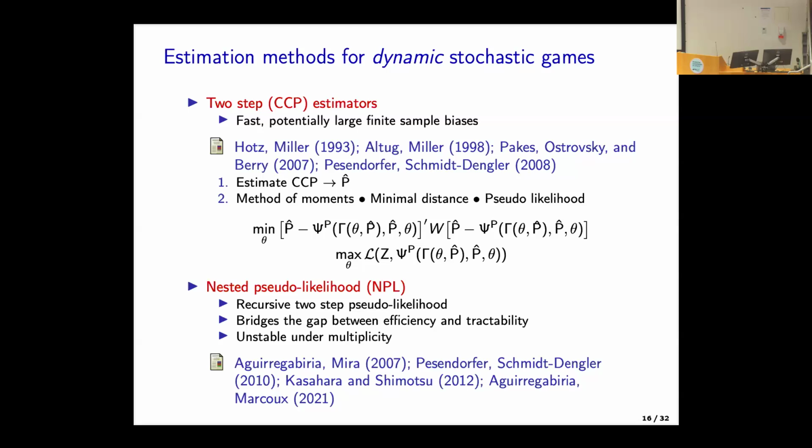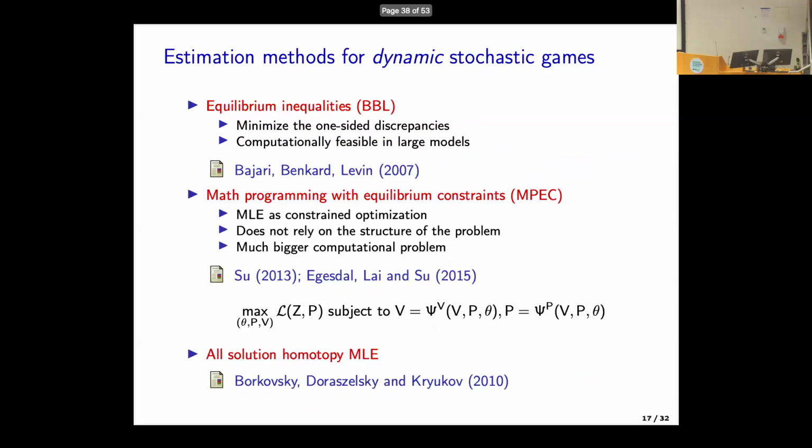Sometimes it converges, but you cannot be sure it's the equilibrium that was played in the data, and sometimes the cure can be a little bit worse than the disease. Anyway, that's what Iskhakov is doing. Of course, if you start with very good guesses or very good estimates of conditional choice probabilities, that mapping is going to be more stable.